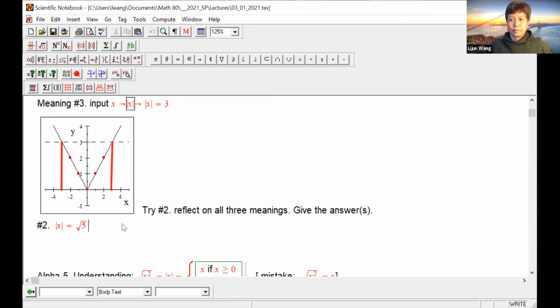Square root of 5. All right, solve for x.